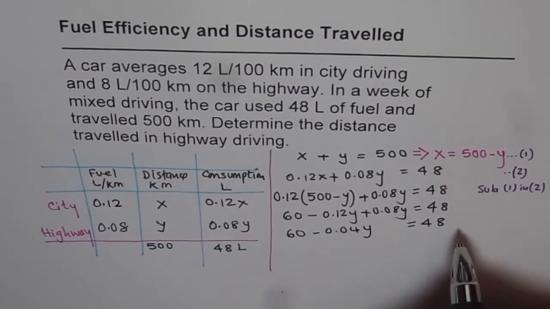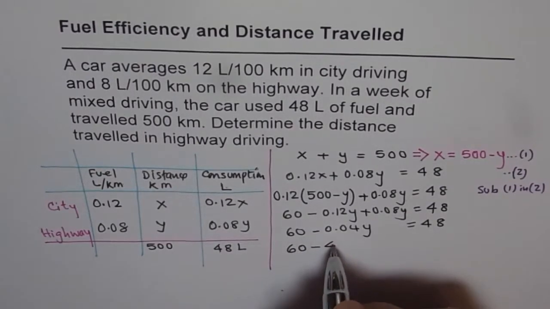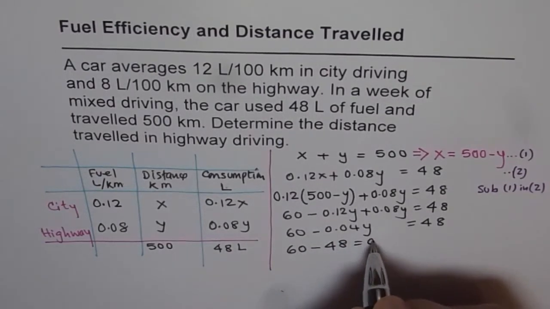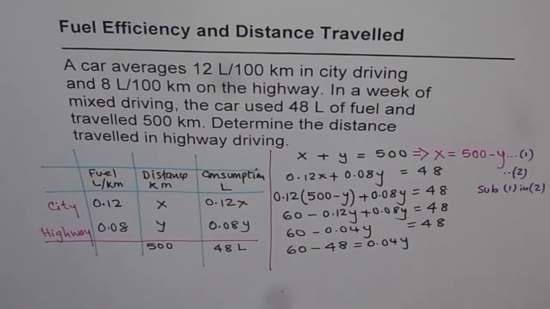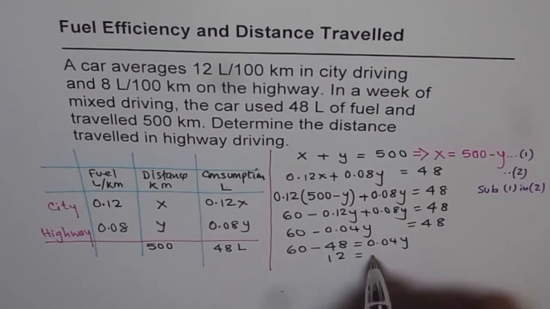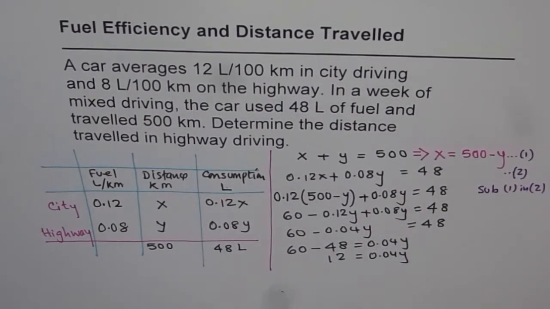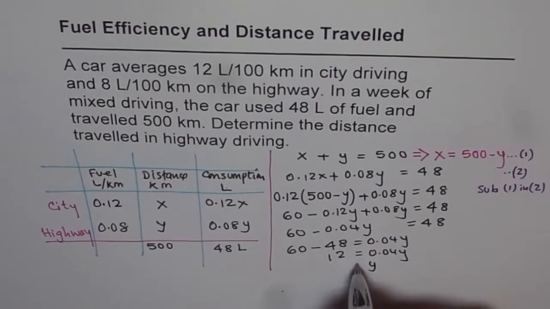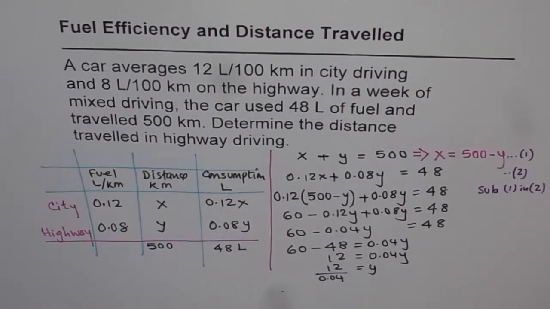Now you can take y on this side and 48 on the other side. You get 60 minus 48 equals 0.04y. What is 60 minus 48? It is 12. So 12 equals 0.04y, and now we know what y is. y equals 12 divided by 0.04.